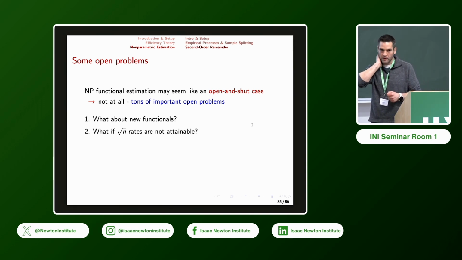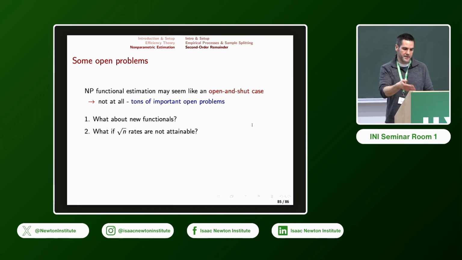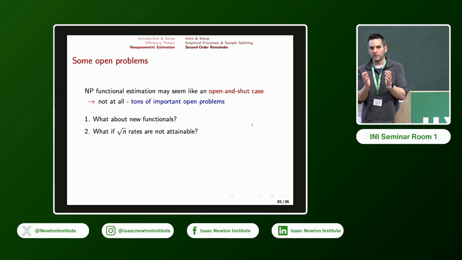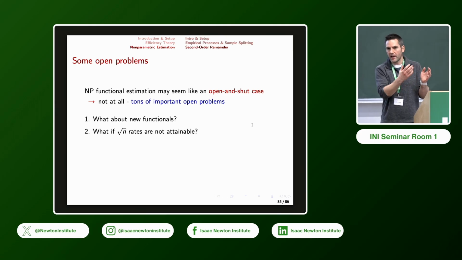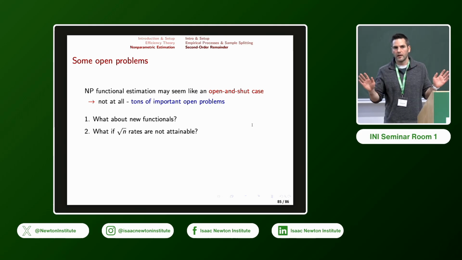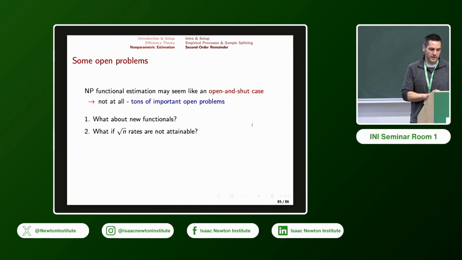Another big open question is, in all of this, I said if we can argue that the remainder term is small enough, if it's smaller than 1 over root n, then that nice Gaussian sample average term drives everything, and we're in root n land, and everything's beautiful and nice. But in practice, maybe things are so high dimensional that the remainder term is not negligible, right?